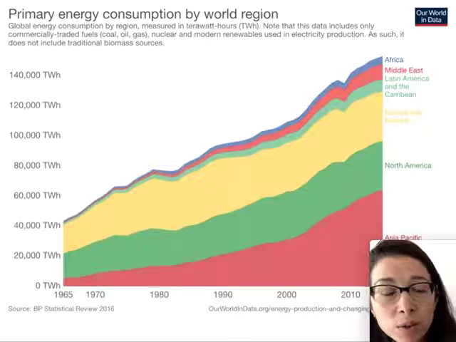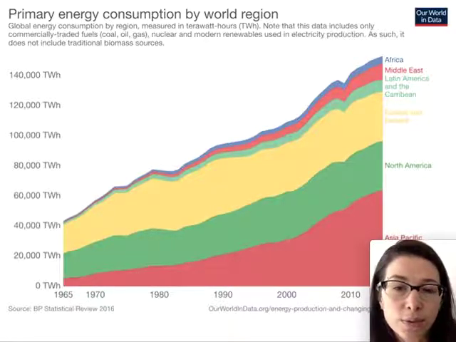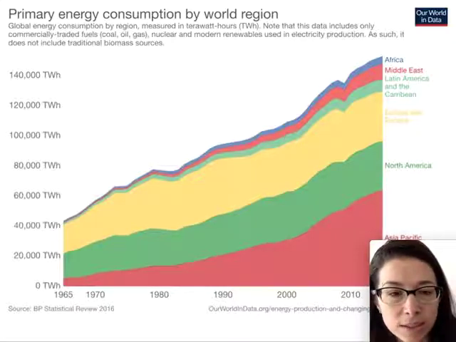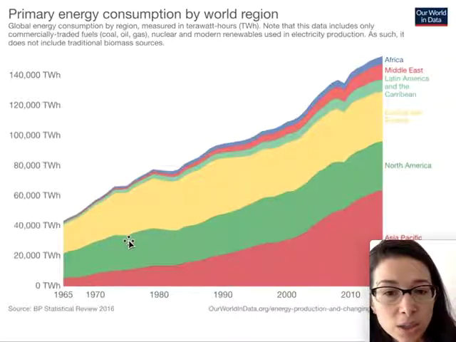So we can also look at the consumption in different parts of the world. And we see here in North America, that's the green bar here, our consumption is pretty stable since the 60s. We don't see that area fanning out significantly as we do in the Asia Pacific.